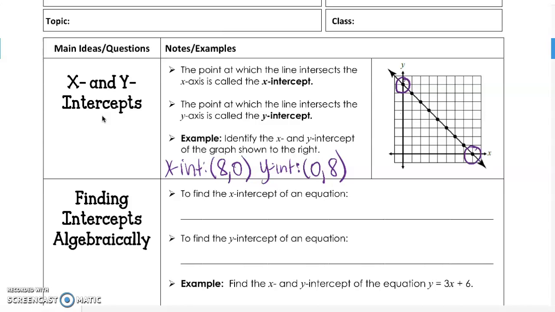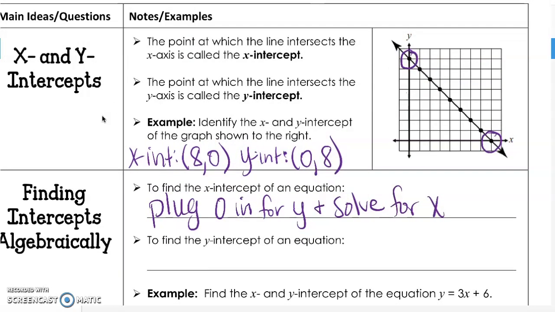So you will notice in the x-intercept, the y is 0. So plug 0 in for y and solve for x. Okay. Again, the ordered pair for the x-intercept is always going to have a 0 for y. So the way that you find it in an equation is you plug 0 in for the y and then solve for the x.